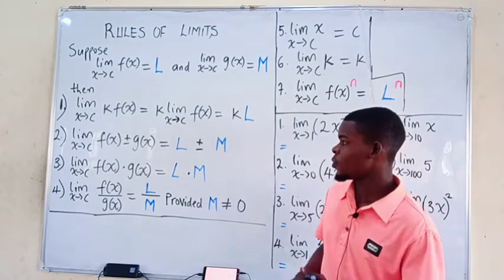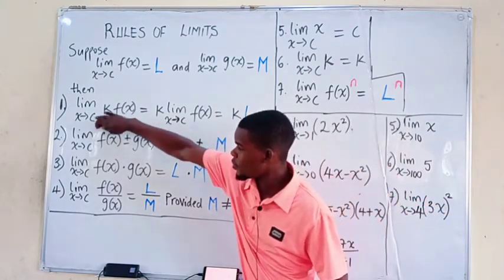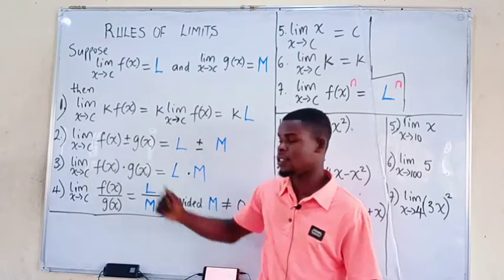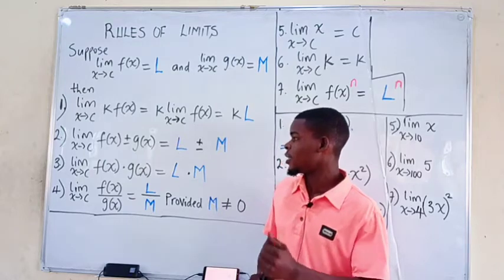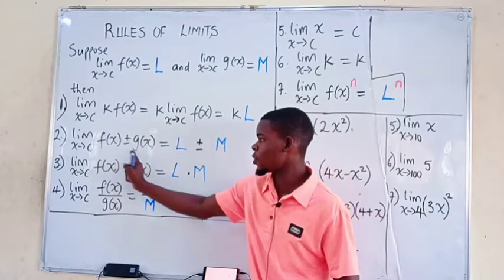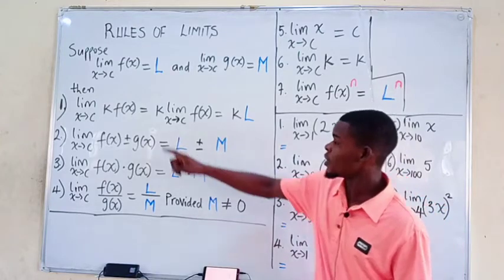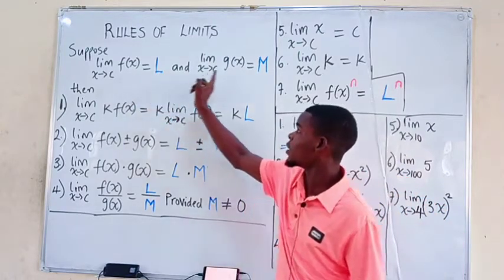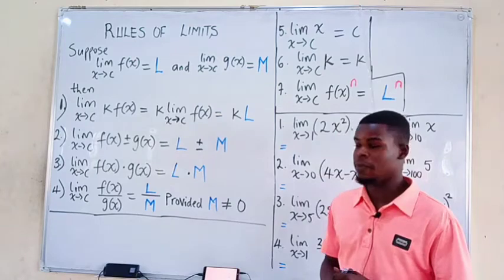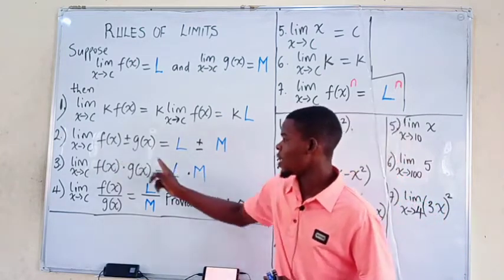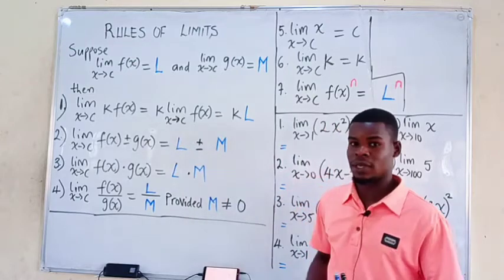Alright, the second rule tells us that when you take the limit of the sum or difference of two functions, that is f of x and g of x, then the limit of a sum of two functions is the sum of the limits of those functions. Remember that the limit of the first function is L, and then the limit of the second function is M. So the limit of the sum or difference of two functions is the sum or difference of the two limits.